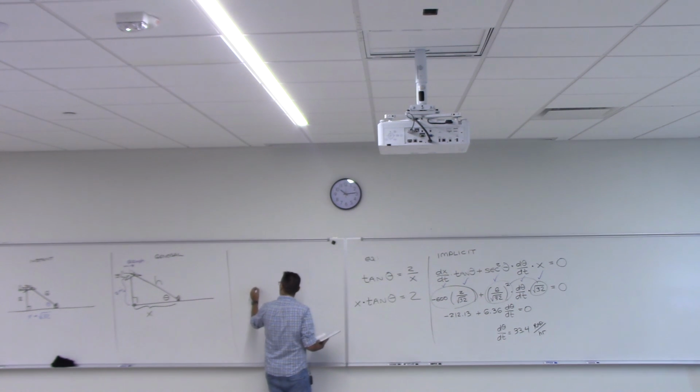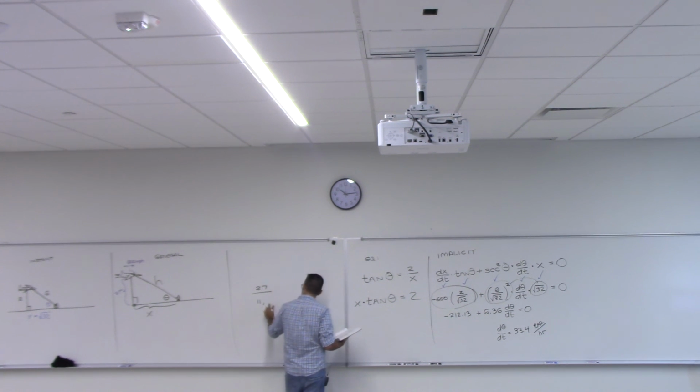So for 2.7, let's try number 11. Number 13 is a plane, just like the one we just did. Number 15.